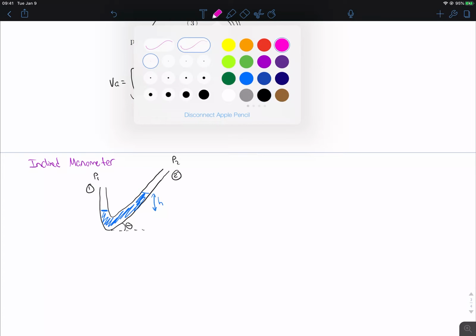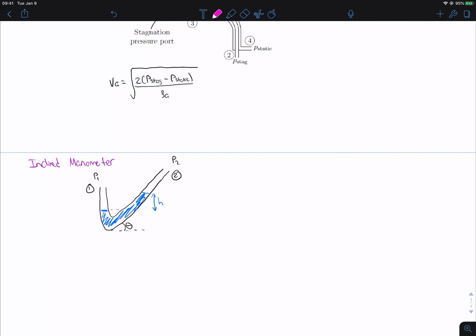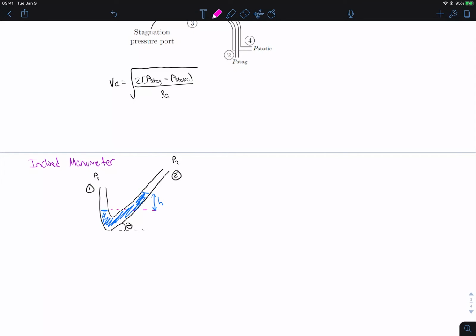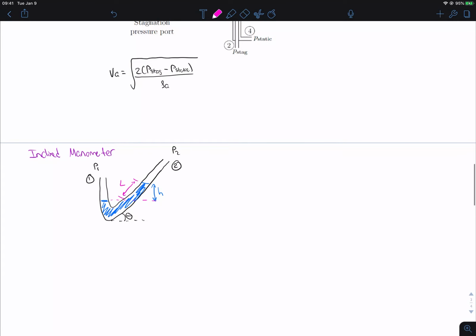And then let me draw a line here. That distance right there, that's going to be L. So it's this kind of distance along this line that we have for our height difference.